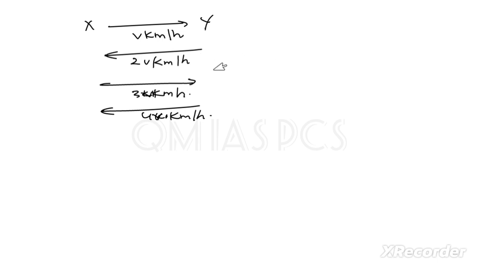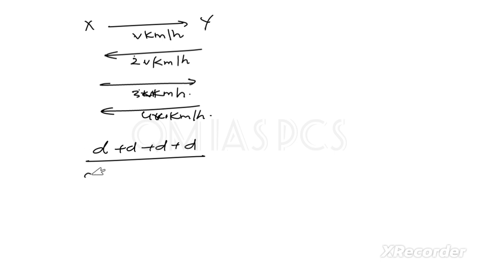So what we will do here is total distance by total time. Total distance will be d plus d plus d plus d, 4 times: 1, 2, 3, 4. Now for total time, for each journey we have to write a separate time.